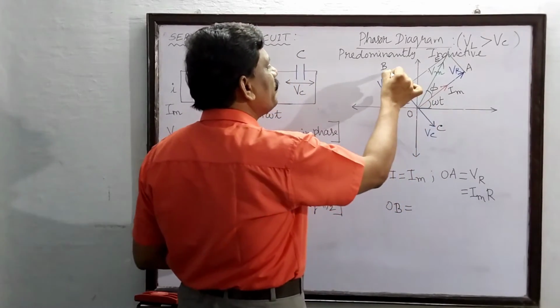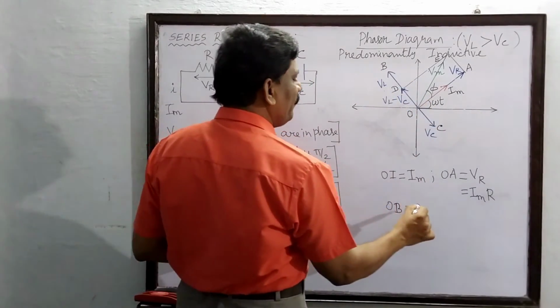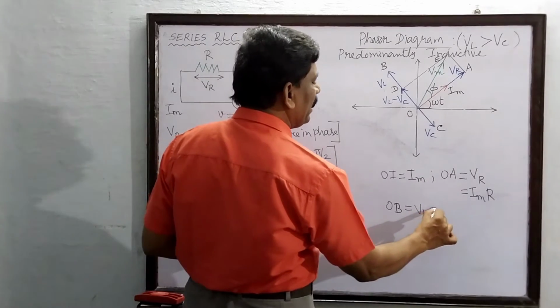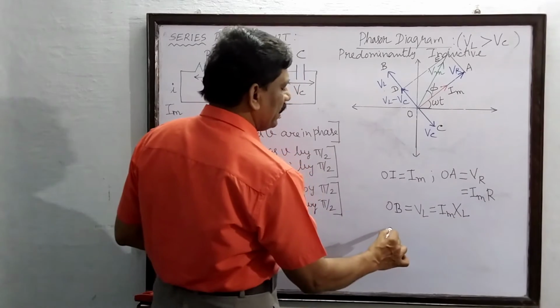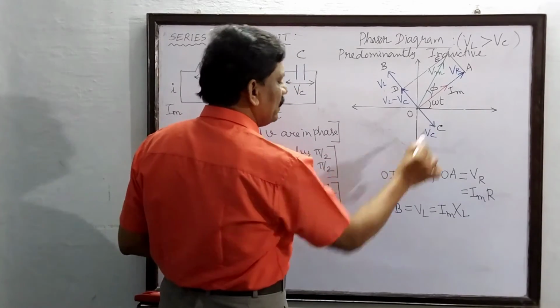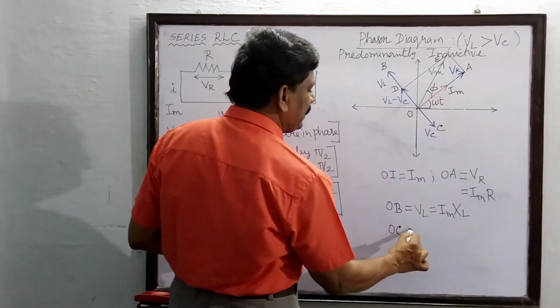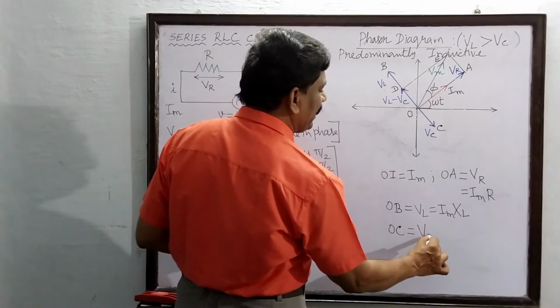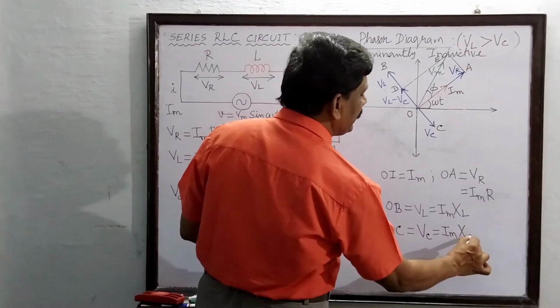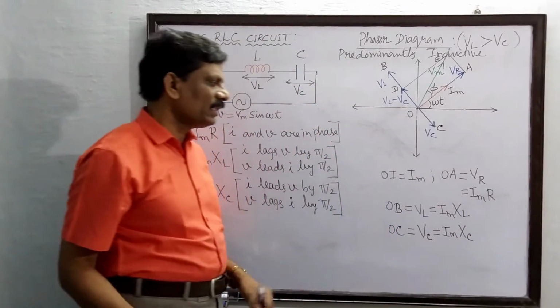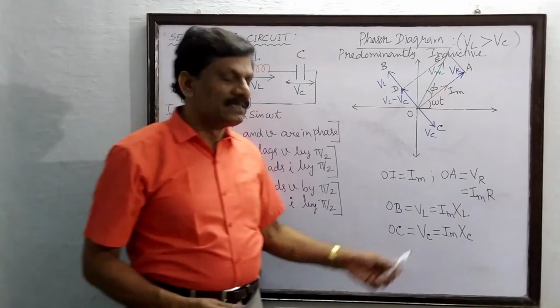That is equal to VL, that is equal to Im into XL. And the length OC is equal to the magnitude of the vector VC, and that is equal to I maximum into XC. Okay, students, have you understood?